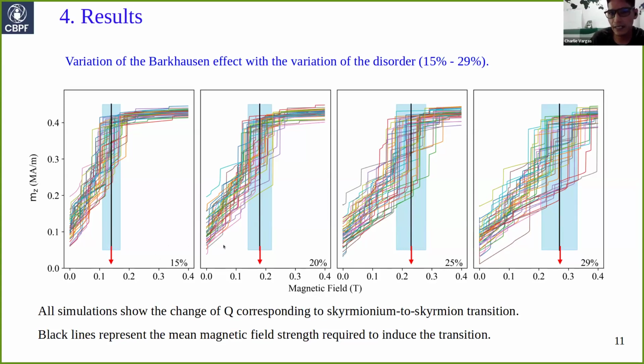Based on these results, we can see that for a higher strength of disorder, we need a higher magnetic field to induce the transition.